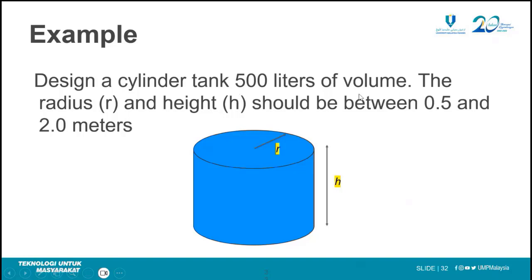So this is just an example to show how particle swarm optimization works for this problem. Remember, even for a simple problem, the computer cannot think as us, so we need to teach it how to solve this problem.